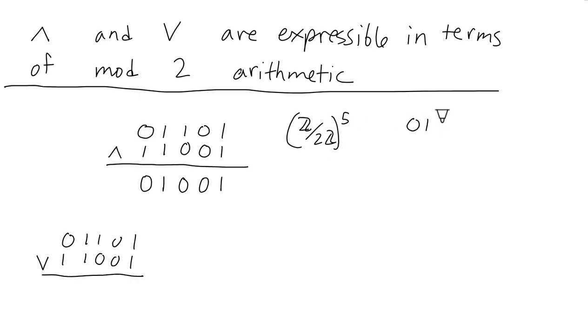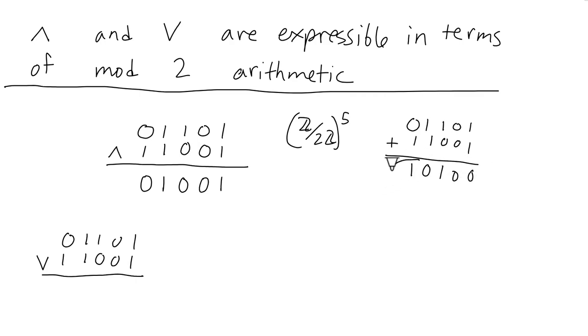So 1 plus 1 mod 2 is 0, and we have 1, 0, 1, 0, 0. So now we have this.